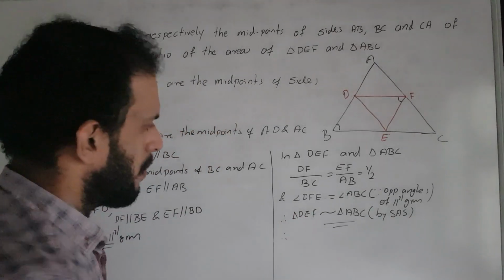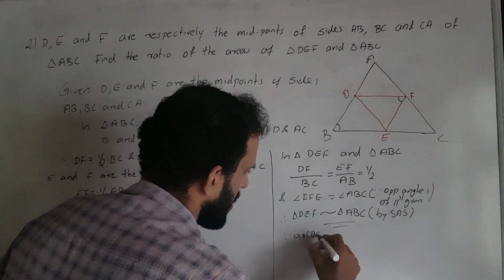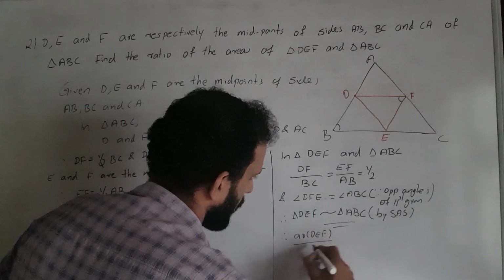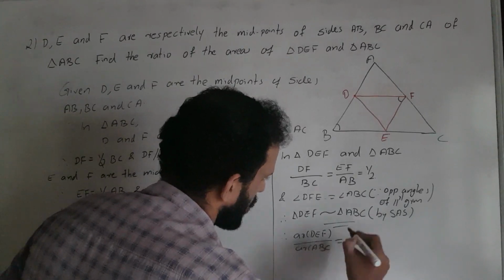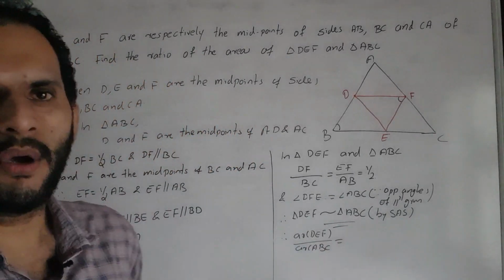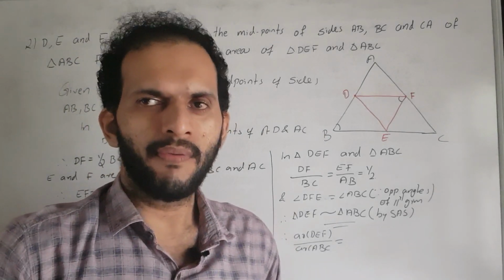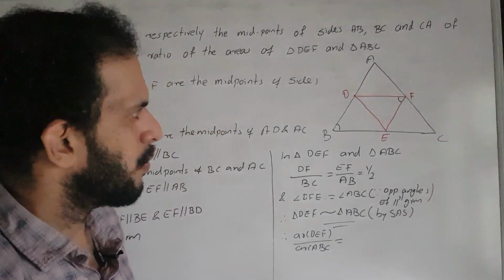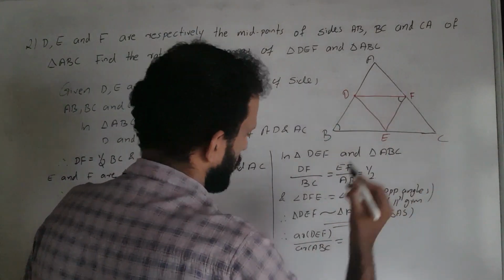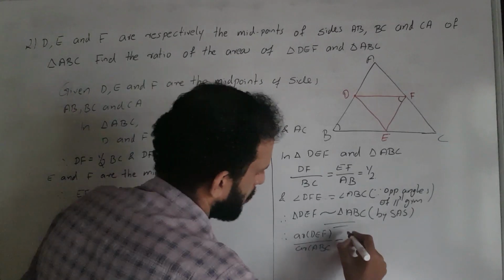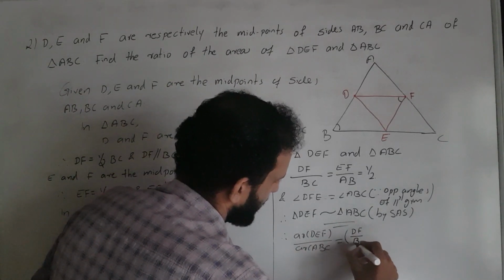Therefore, by the theorem, area of DEF by area of ABC is equal to the square of the ratio of the corresponding sides, correct? Then we choose any one of them. Here we choose DF and BC. So DF by BC whole square.